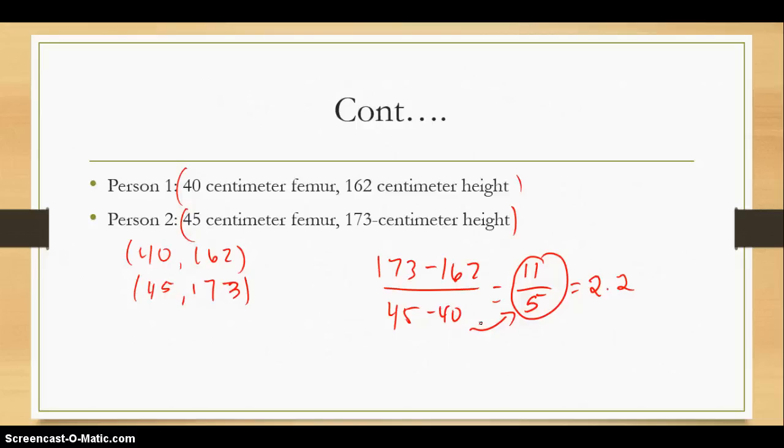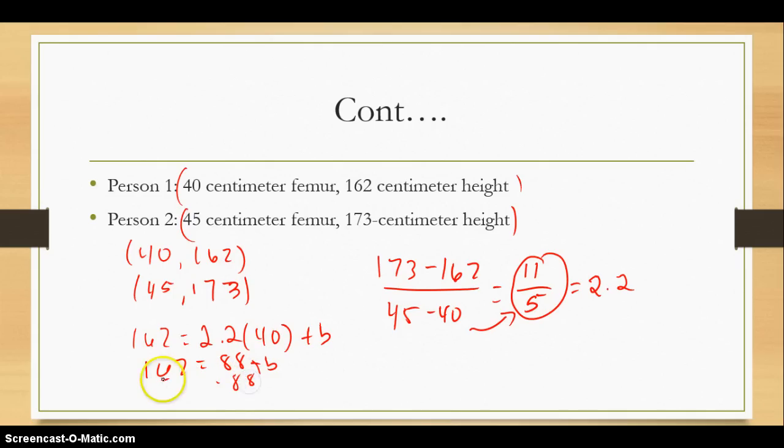So we have, let's choose one point. So let's say we have 162 equals 2.2 times 40 plus b. So 162 equals 88 plus b.